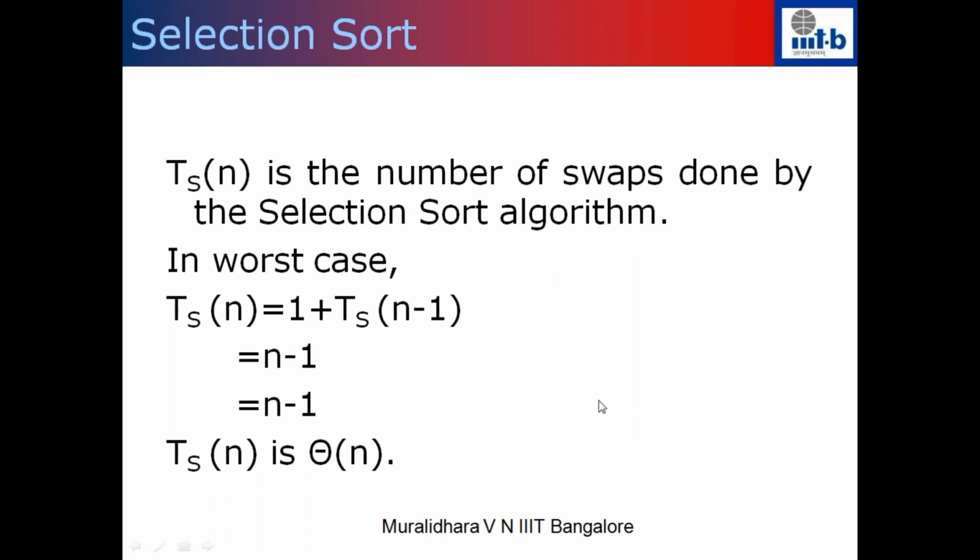But if the sequence is not sorted in increasing order, in the worst case the largest number may not be in the right place, so in each iteration we may have to do one swap. So you get the equation s of n is equal to 1 plus s of n minus 1. If you expand this, you get n minus 1. So the number of swaps done by the selection sort algorithm in the worst case is theta of n.